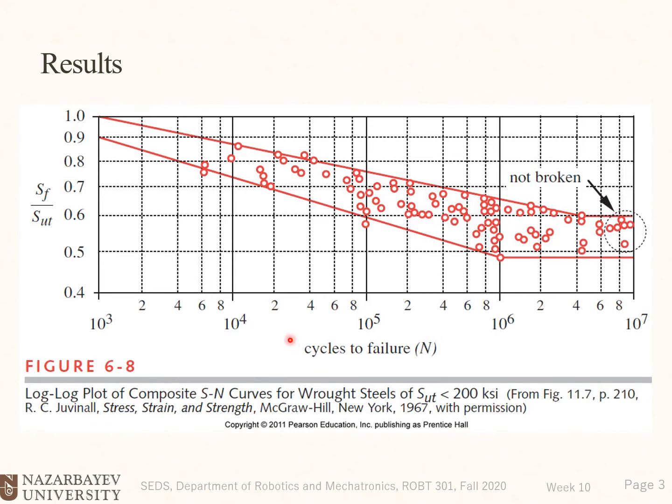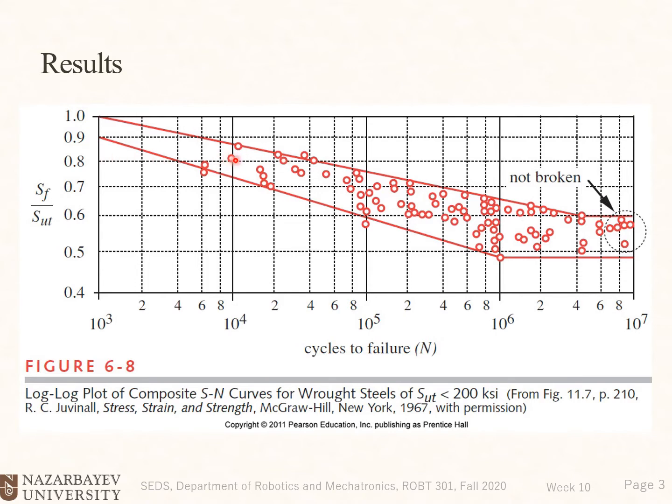This is basically based on the empirical data. This is what you have watched in the previous video, and these dots are coming from those specimens that we put in the machine. So each of these dots is coming from one specimen that goes under a specific number of loads at specific alternating stresses.